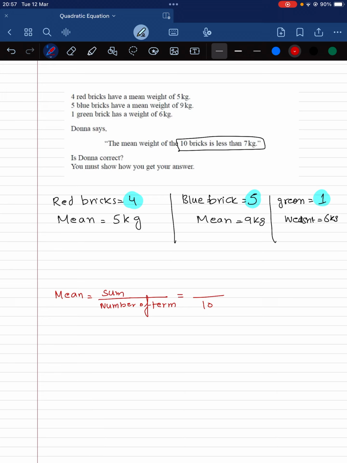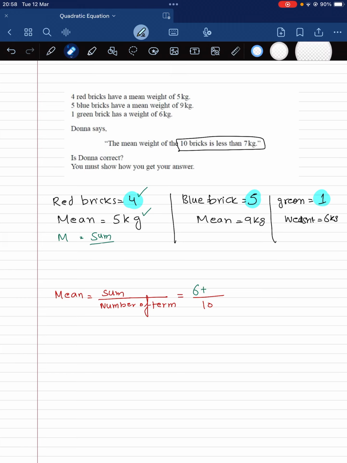First of all, for the green brick we already know the weight, that is 6 kg. So we will add 6. And what is the weight of the 4 red bricks? We have only 4 red bricks and their mean is 5 kg. We need to find the total weight of the 4 bricks. So we will apply the formula: mean is equal to sum over 4, because we have 4 bricks.